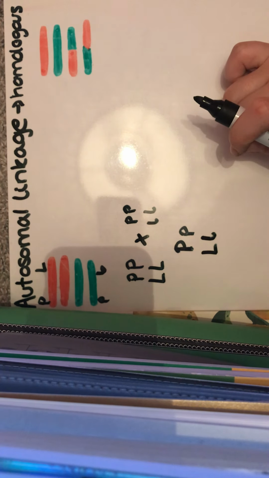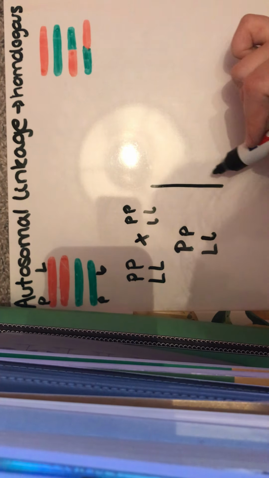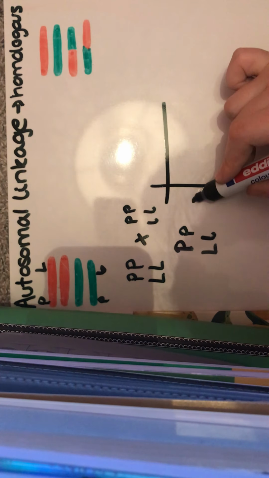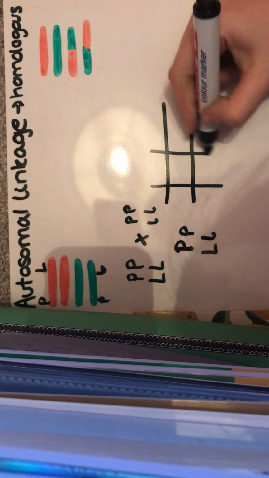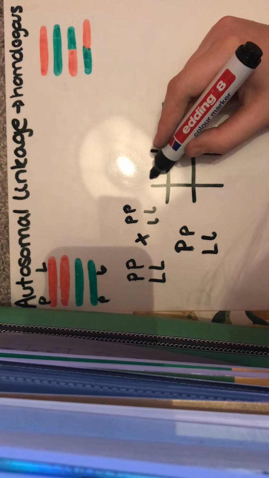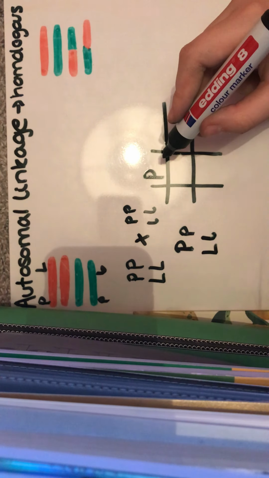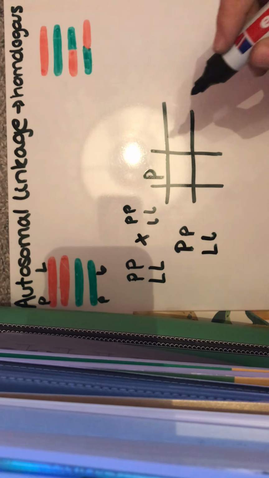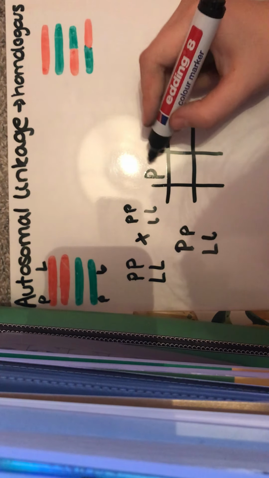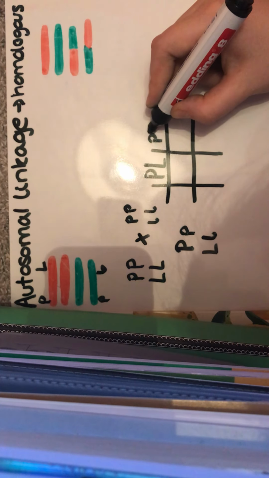So we can represent this in a Punnett square. We have to have capital P and capital L, and we have to have a lowercase p and a lowercase l.